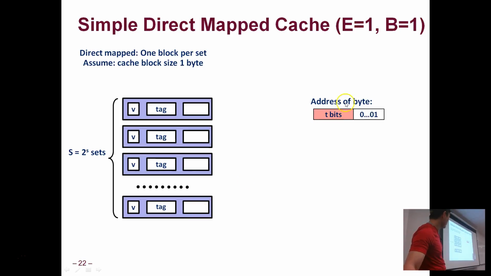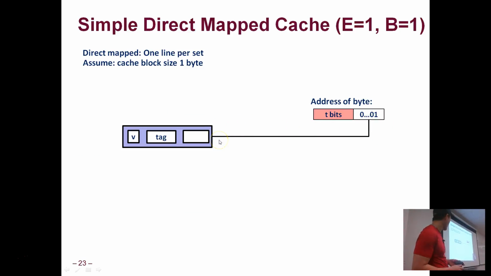And then what we have is the address. We have the least significant bits. Because there's only 1 byte in this block, you have 0 byte bits. And then the rightmost bits are simply your set. So here your set bits are at the end. So when you do a cache lookup on this simple cache, you figure out what set you're looking for.